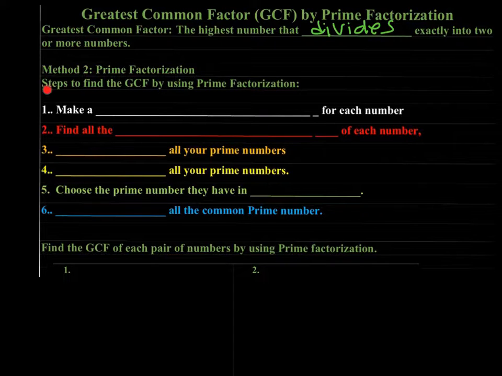I will give you 6 steps to find the GCF by using prime factorization. Step number 1, I want you to make a factor tree for each number.